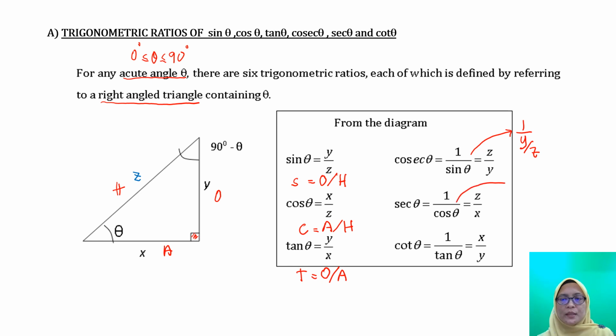From here rearrange, 1 over cos is x over z, so simplify, we interchange, so we get z over x. And then cotangent is 1 over tangent, so 1 over y over x. Rearrange, you will get x over y.